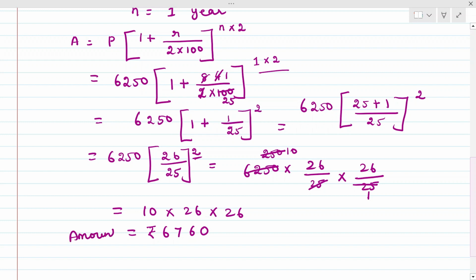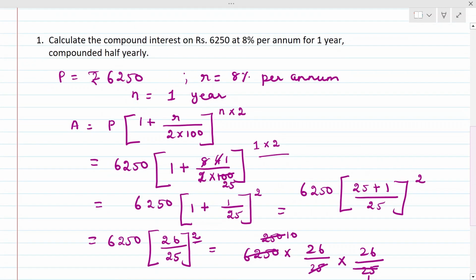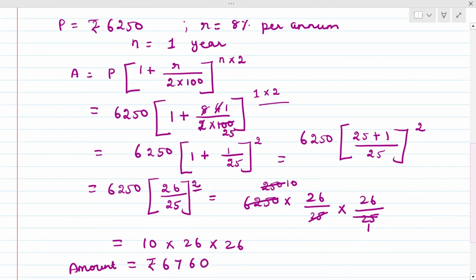This is the amount. But the question is to calculate the compound interest. They are not asking us the amount, but they are asking us the compound interest. And already I have told you, compound interest we cannot find out directly. We have to find out the amount and subtract the principal from that amount. We'll get the compound interest.